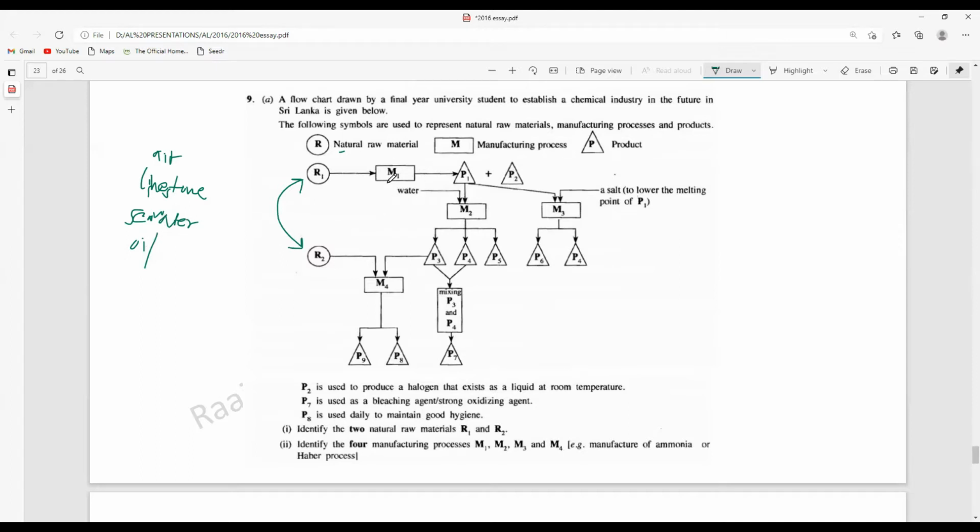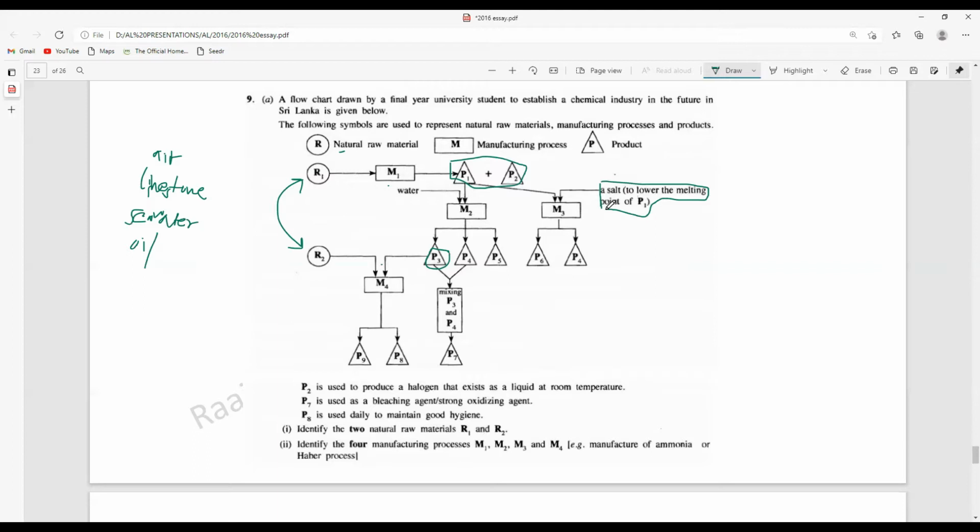And you do some manufacturing processes, M1 to M4 here, but M4 is added with another product P3 from one of the other processes. So let's try to find what R1 is. We do something for R1 and it gives 2 products. But I see here a salt is added to lower the melting point of P1.